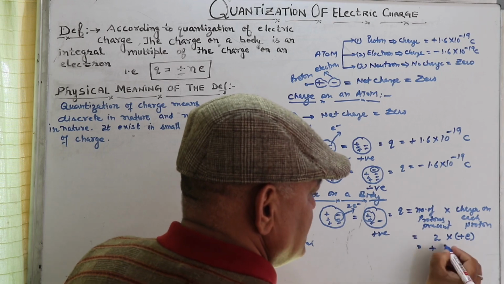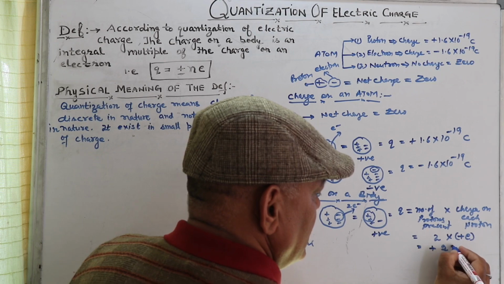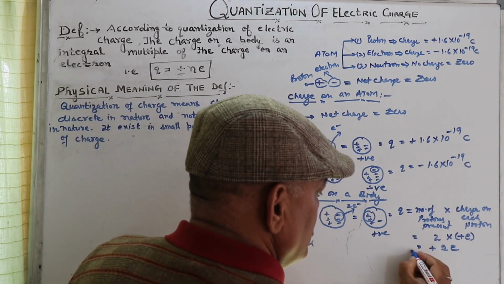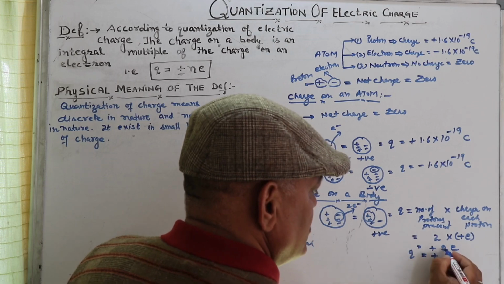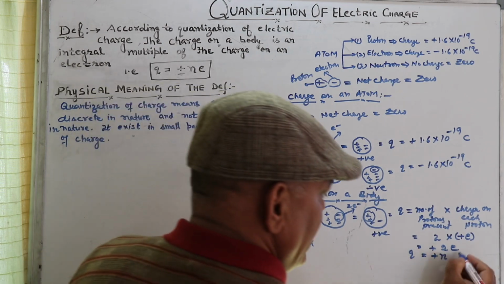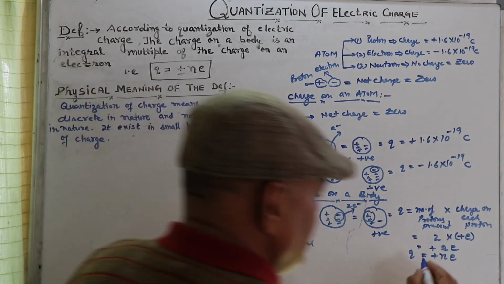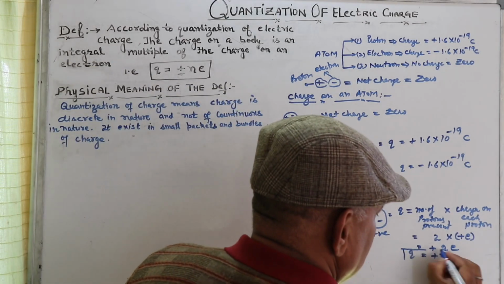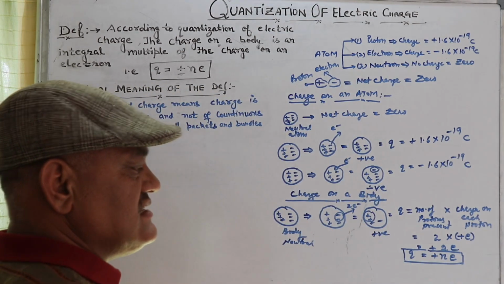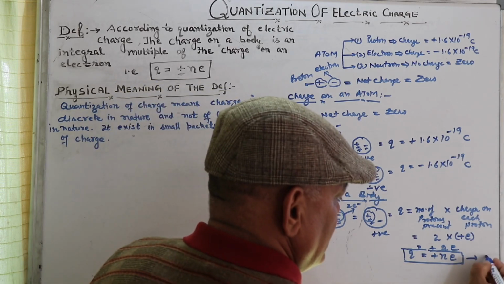Now Q is equal to plus 2e. Here 2 means the number, which we write as n, and the charge on a proton is e. So the positive charge on this body is Q equals plus ne, equation number 1.